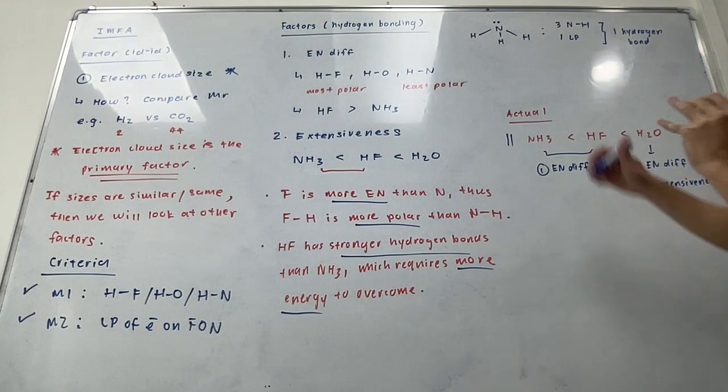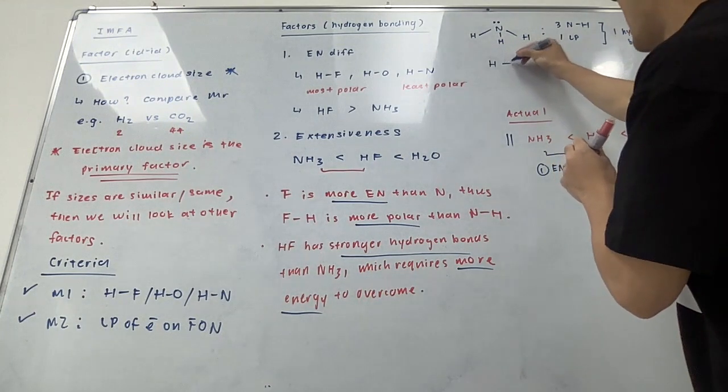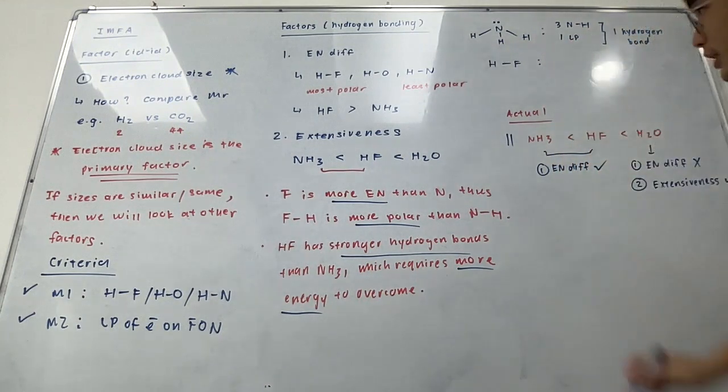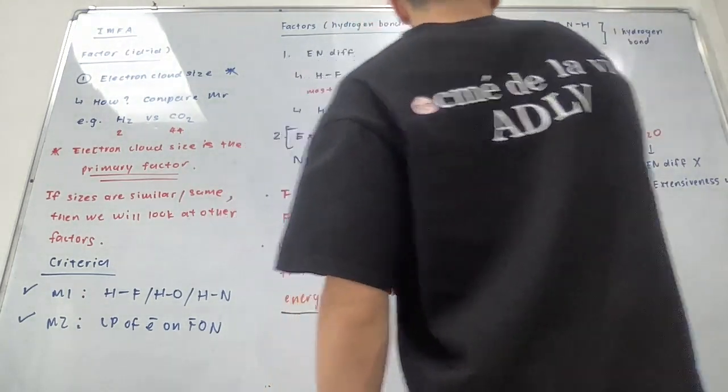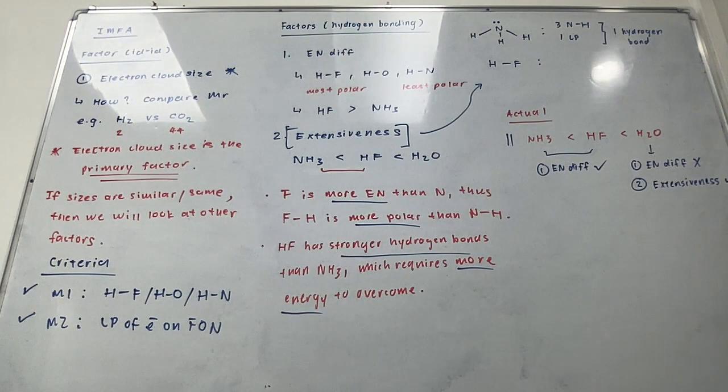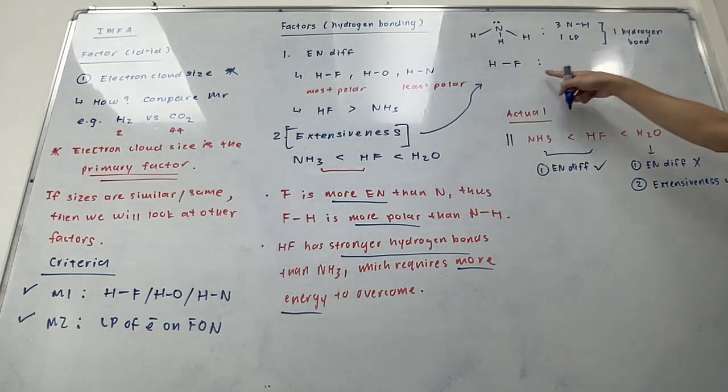We try the same thing for the other two. HF. So that's what extensiveness means, by the way. I can refer to this separately. Later I'll give you guys more time to copy. Explain first. HF. Look at the first criteria. How many HF bonds are there? Obviously one.